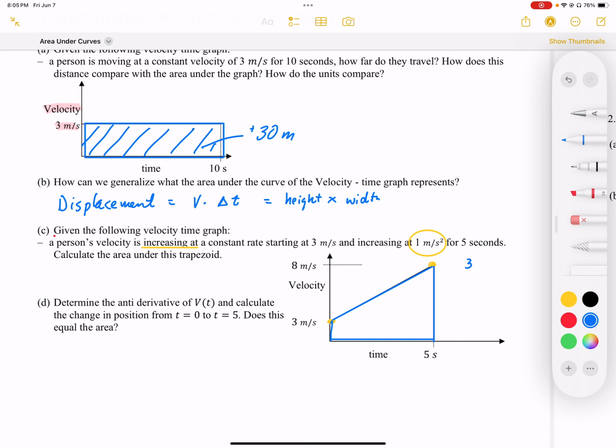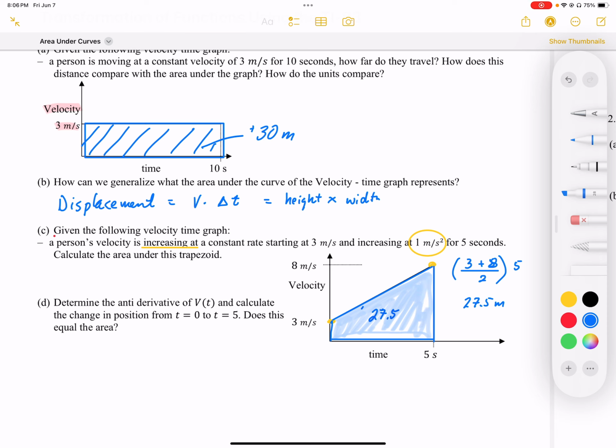I can say 3 meters per second plus 8 meters per second, divided by 2, times the change in time, which is 5 seconds. We end up with 11 divided by 2 is 5.5, times 5 is 27.5 meters of displacement. So that area works out to be 27.5. This is the area that we're talking about in here.